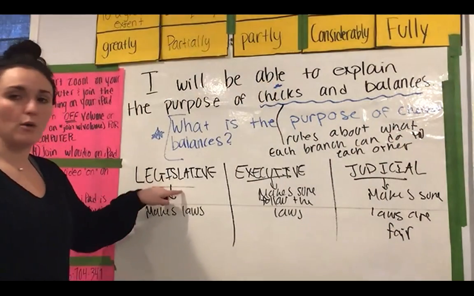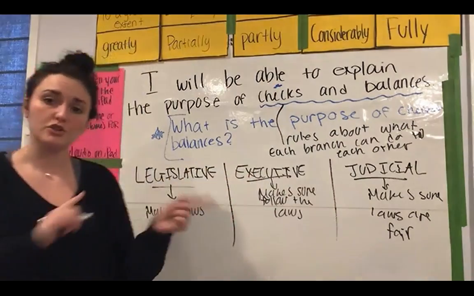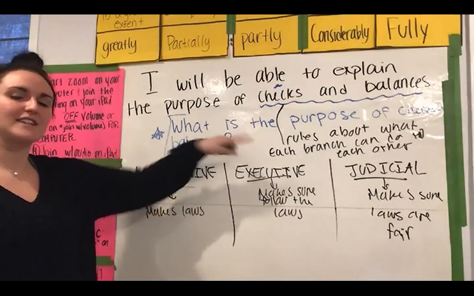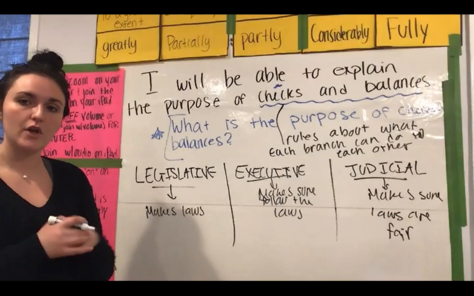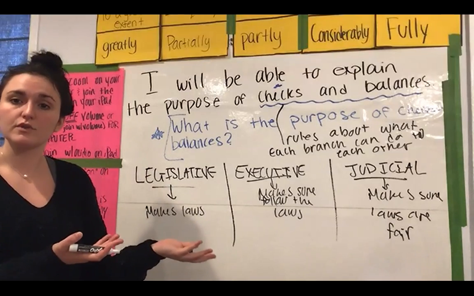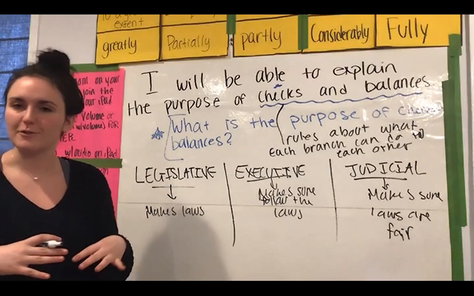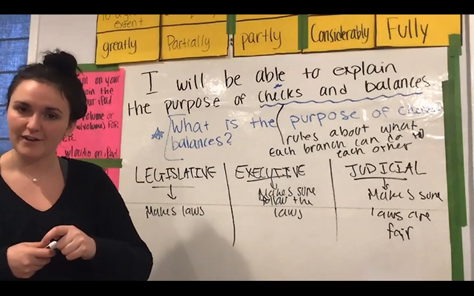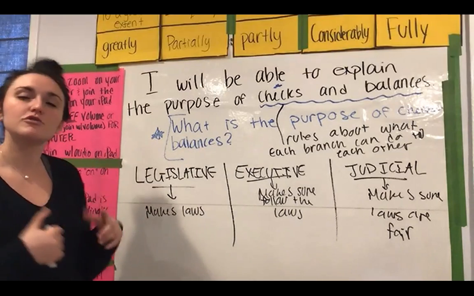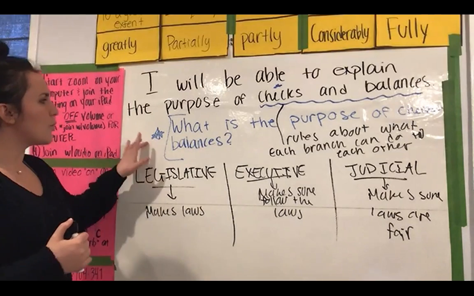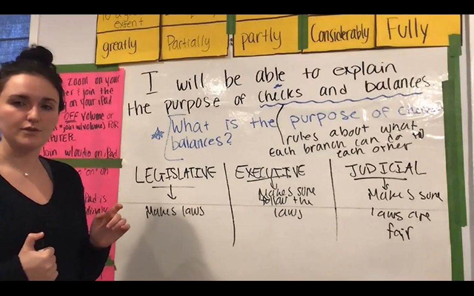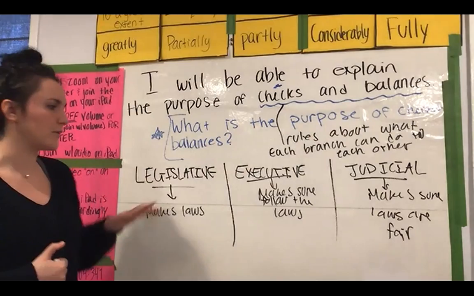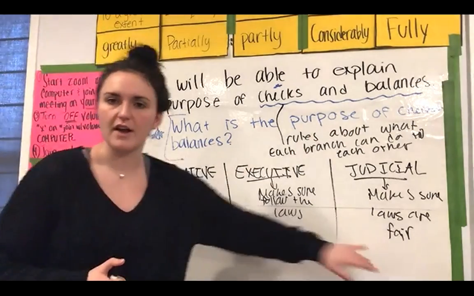You guys started studying those rules yesterday. I don't expect you to memorize them, but you guys did start studying those rules yesterday. By the end of today, you should be able to figure out what's the purpose of these various rules. What's the purpose of checks and balances when we have 3 branches of government?